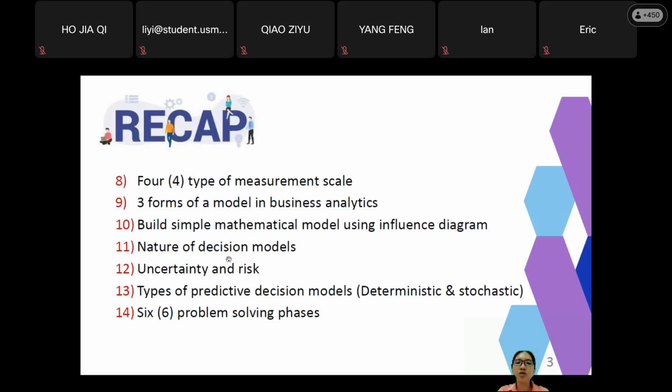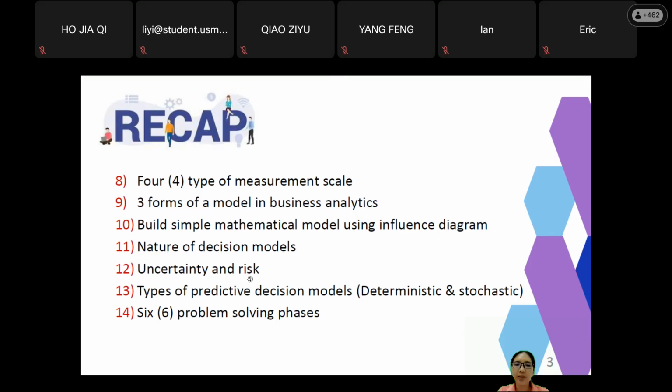And then the nature of decision model. So we have 2 types of model. One is the stochastic model, and another one, the nature of decision model is more on the machine learning models that you build. We will discuss about this later. And then there are 2 terms that we usually see in the modeling.